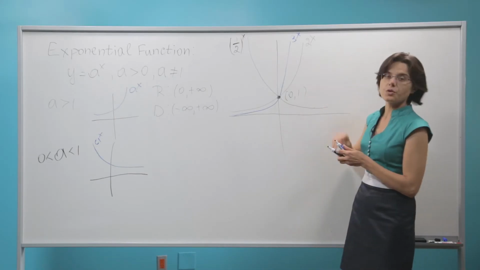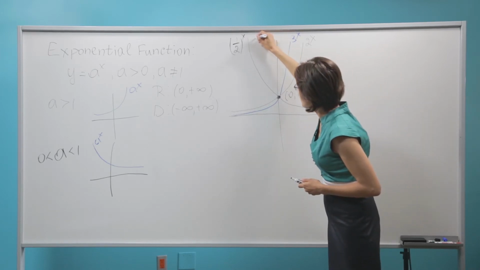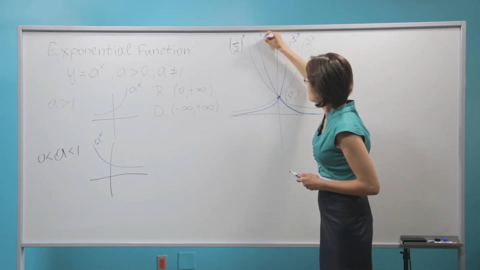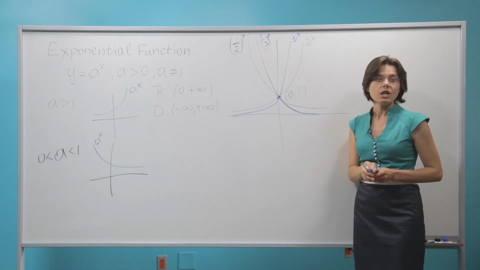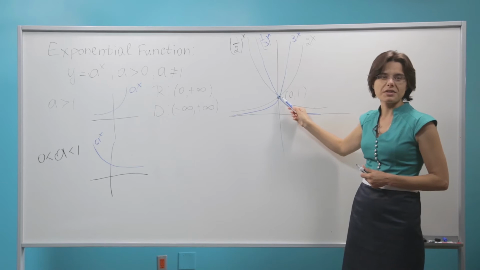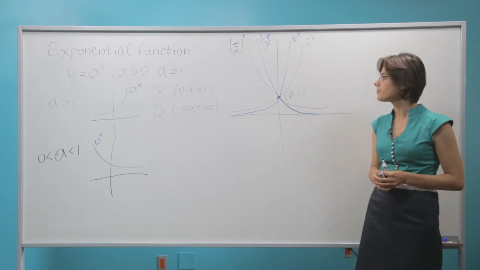And for the function 3 to the power of x, symmetry will give me (1 over 3) to the power of x. As you see, no matter which base I have, all exponential functions pass through the same point. This is a very nice property of the exponential function.